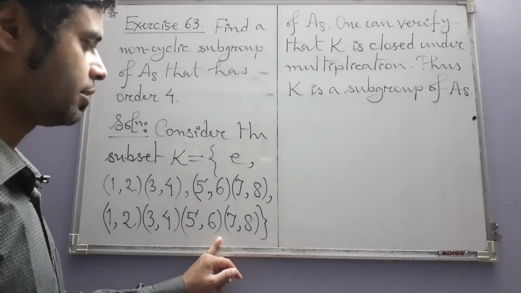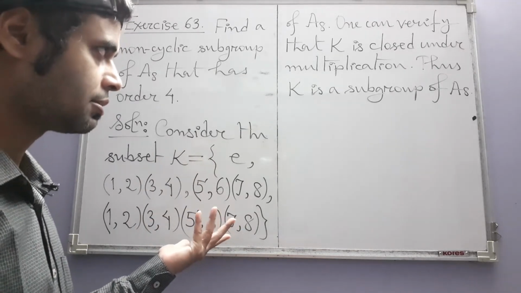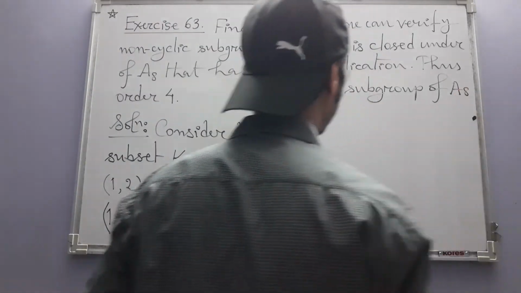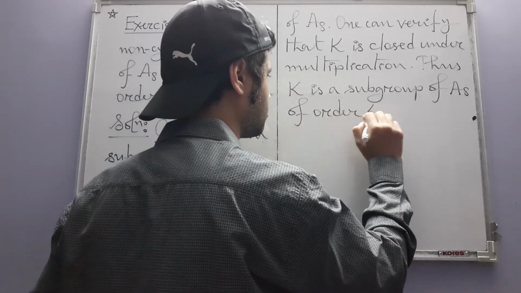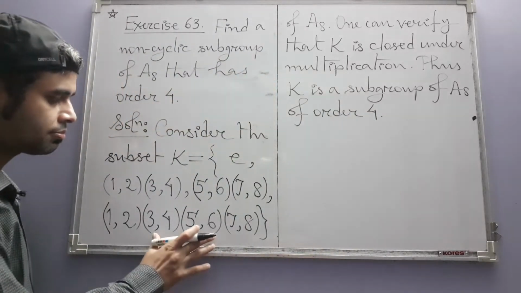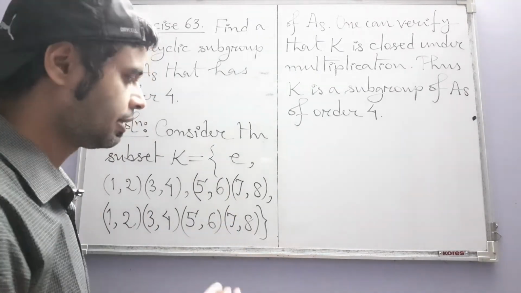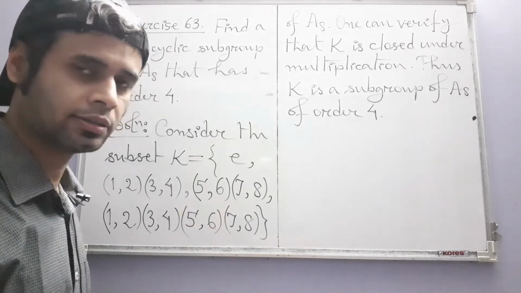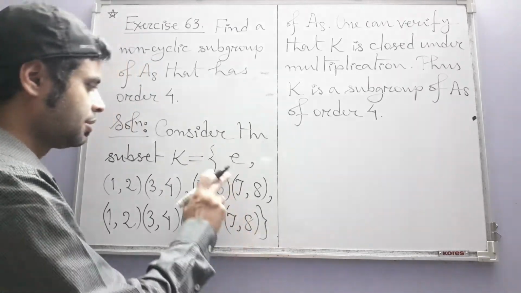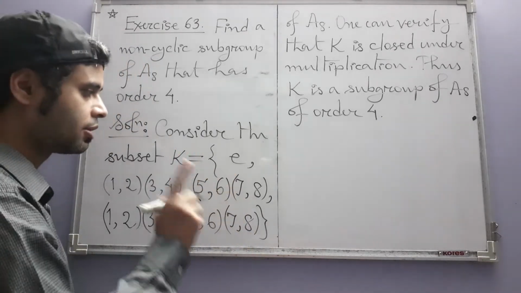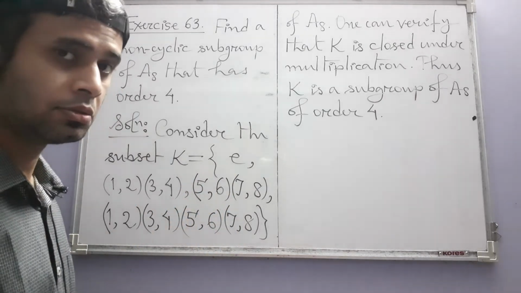Now, how do you know that this is not cyclic? And this definitely has order 4, that also we can see. Let's mention that also. But why is it not cyclic? That's because it has no element of order 4, and as such it cannot have a generator that generates the whole subgroup. And why is that so? That is because the identity of course has order 1, and each one of the other elements has order 2.